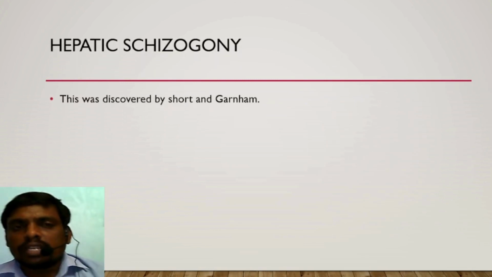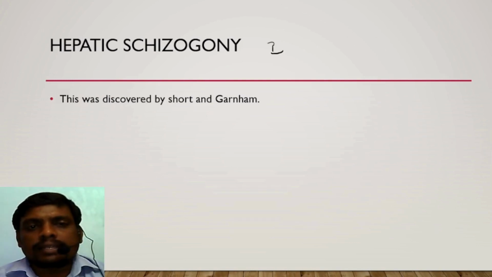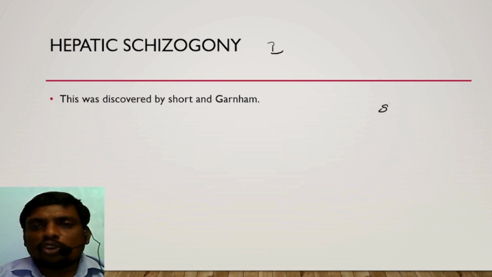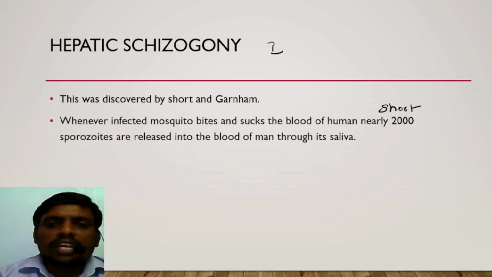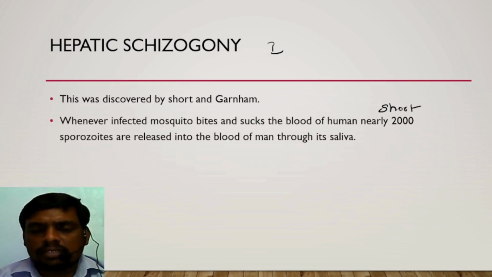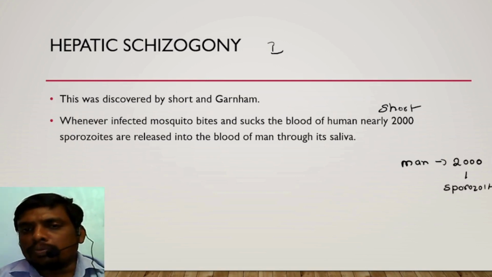I told you already, hepatic schizogony is the first stage. Point by point let us learn. This was discovered by Short and Garnham. Point number 2: whenever the infected mosquito bites and sucks the blood of a human, it releases about 2000 sporozoites into the blood of the human through its saliva.